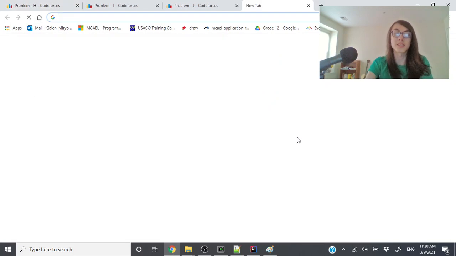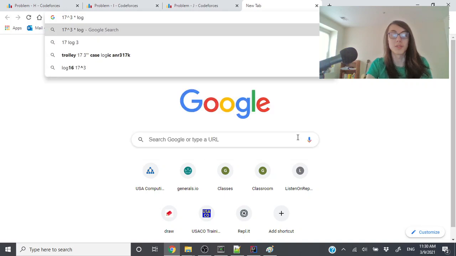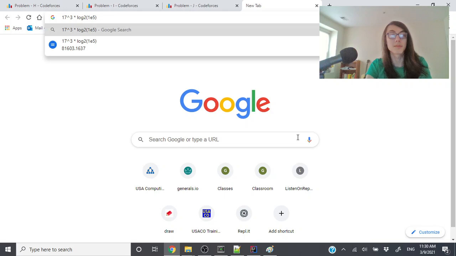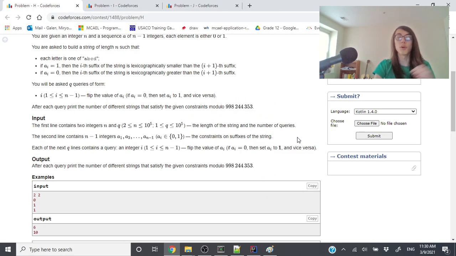So how bad is that? 17 cubed. It's not much better. Times log 2 of 1e5. It's literally NQ. There's no way this is ever going to pass. Unless.